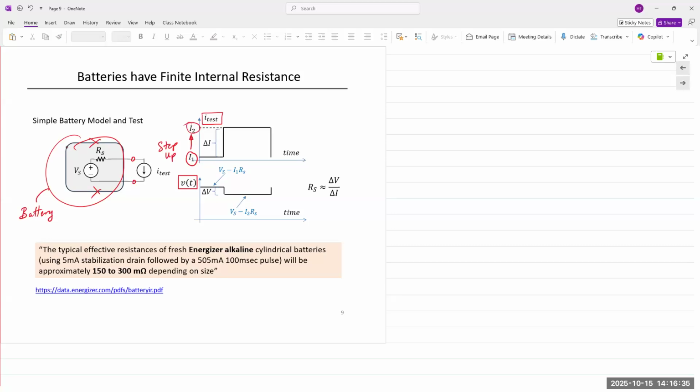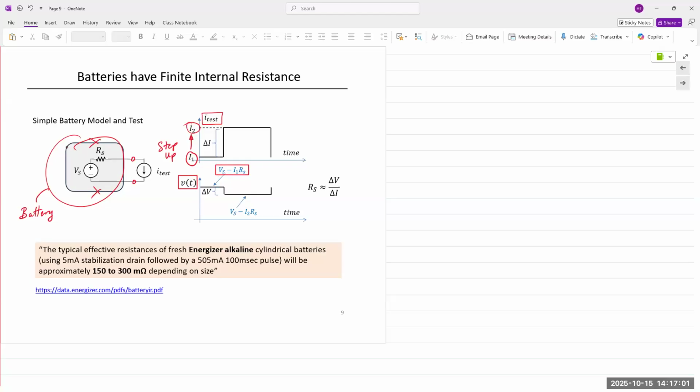When we apply I1 and measure the voltage, that voltage can be found by applying KVL. The internal voltage of the battery is Vs. If we have current Is flowing through that circuit, it's going to cause a voltage drop across Rs.